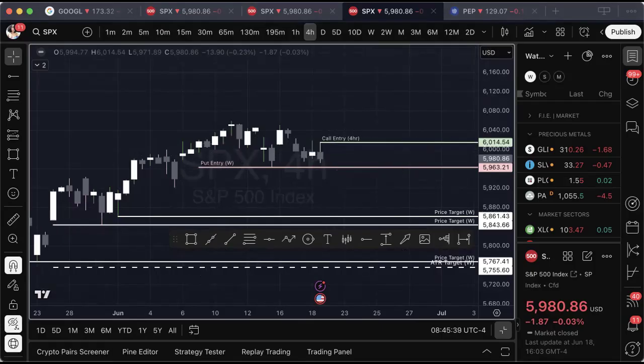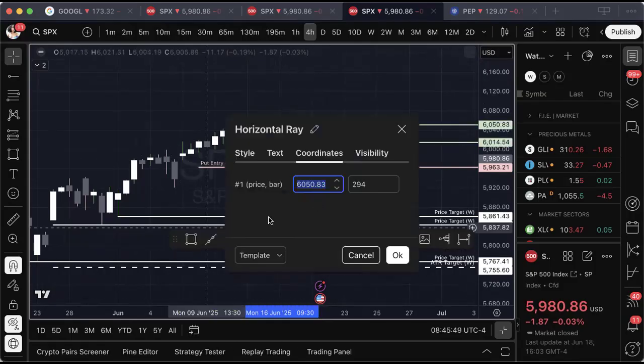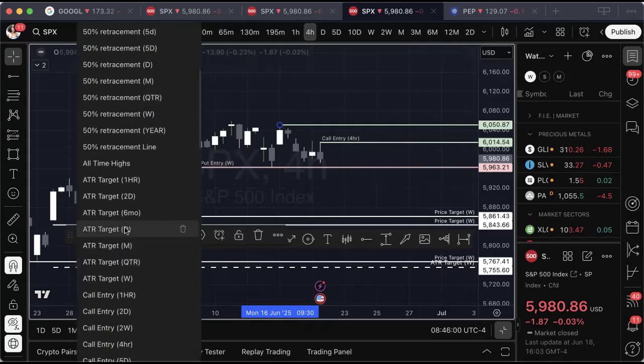Looks like we're looking at, let's see, one moment, what exactly we're looking at. 60, 50, 87. All right, and that's going to be our ATR target to the upside.